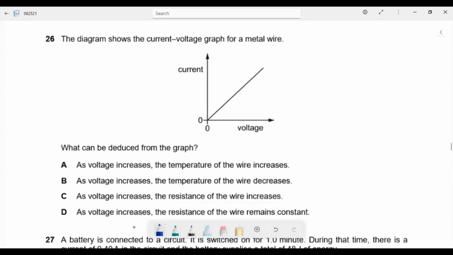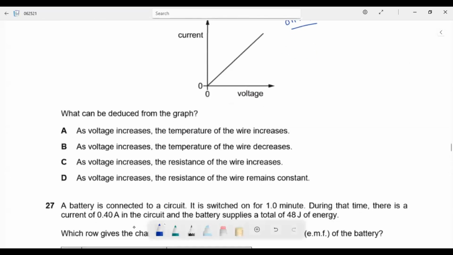The diagram shows the current voltage graph for a metal wire. So we can see it here. What can be deduced from the graph? It represents Ohm's law. That is, it is a linear device. So linear device means the resistance is constant.